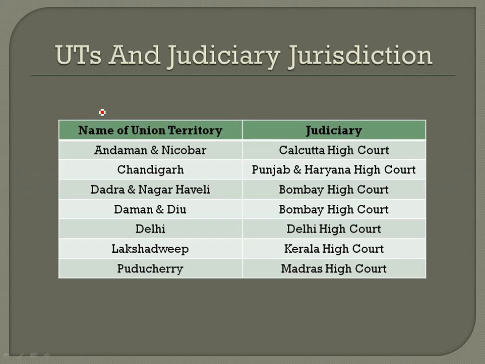These are the names of union territories and the judiciary they come under. Andaman and Nicobar comes under Calcutta High Court, Chandigarh under Punjab and Haryana High Court. Dadra and Nagar Haveli and Daman and Diu come under Bombay High Court. Delhi has its own High Court, Lakshadweep under Kerala High Court, Puducherry under Madras High Court.